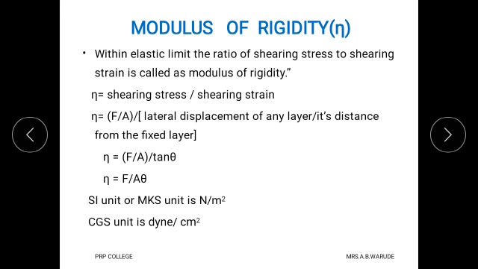Then the CGS unit of modulus of rigidity. Here the formula is the same, shear stress upon shear strain, and the CGS unit of shear stress is dyne per centimeter square, and shearing strain has no unit.